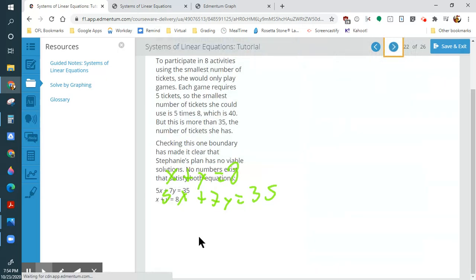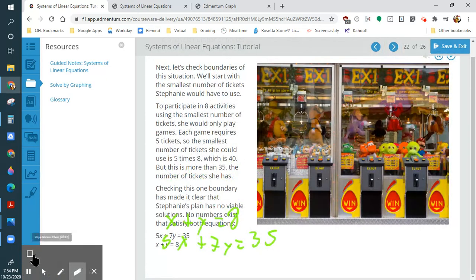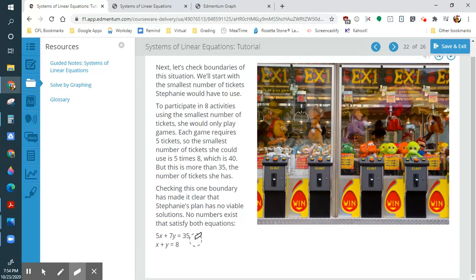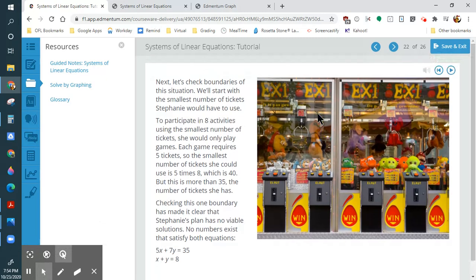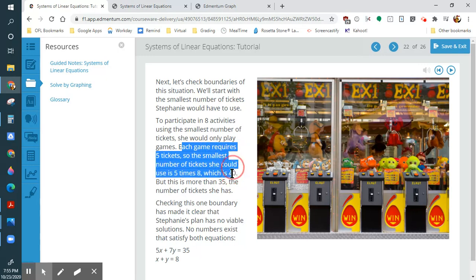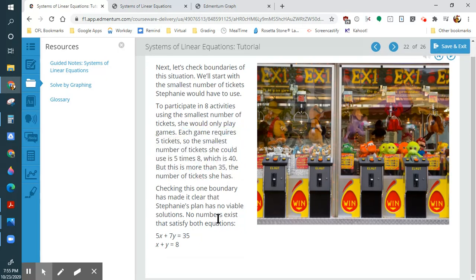All right, I'm going to clear this board. We're going to try to figure out if this is a viable solution. We're going to graph this because that's how we figured this out so far. Each game requires 8 tickets. 8 times 5 is 40.